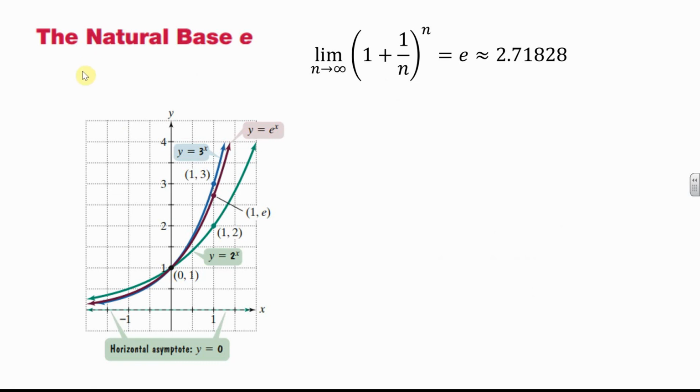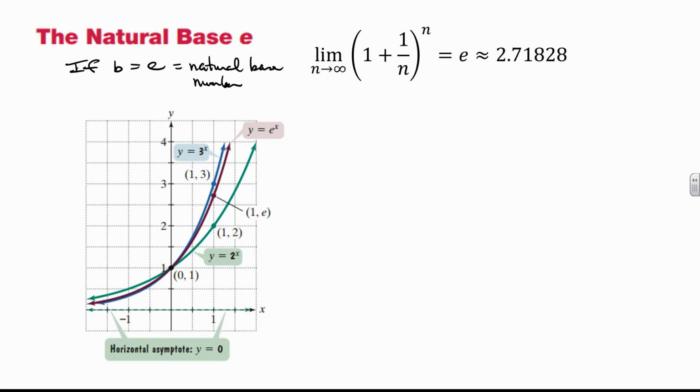Well, if we take b to equal a fixed number, if b is equal to e, this natural base, one of the transcendental numbers, a number that is said even by the ancients to have divine properties.